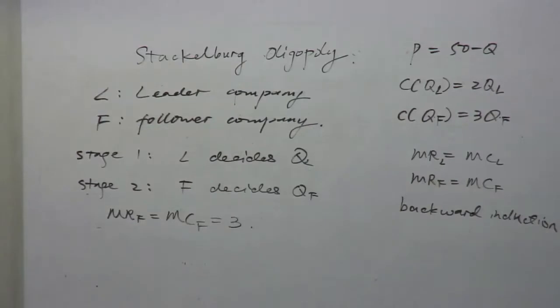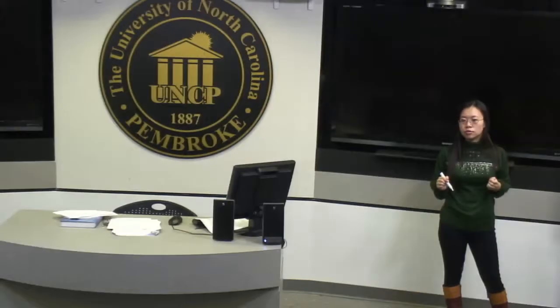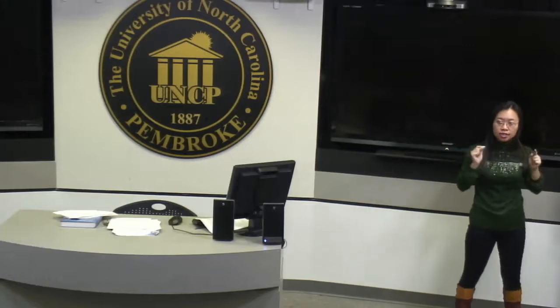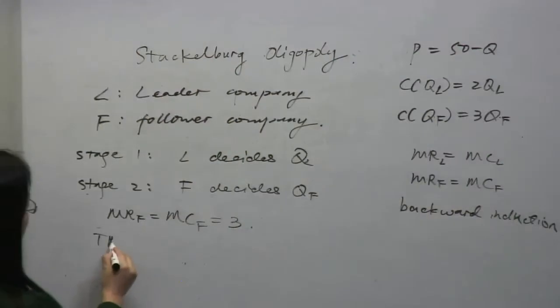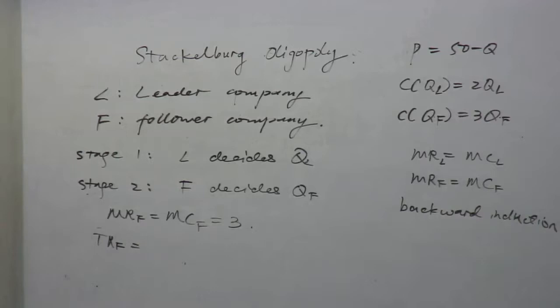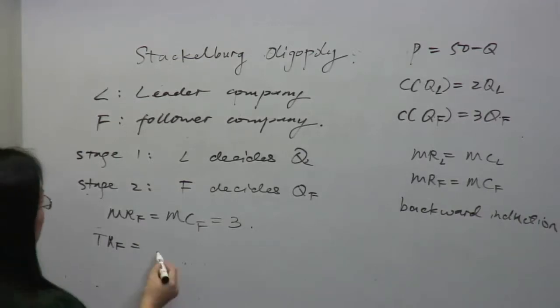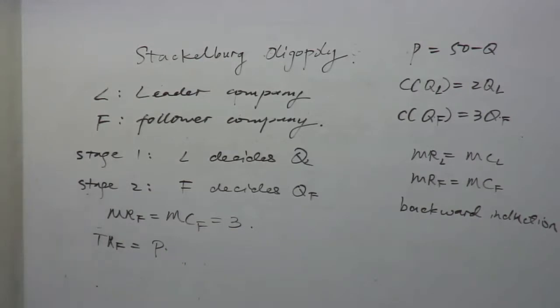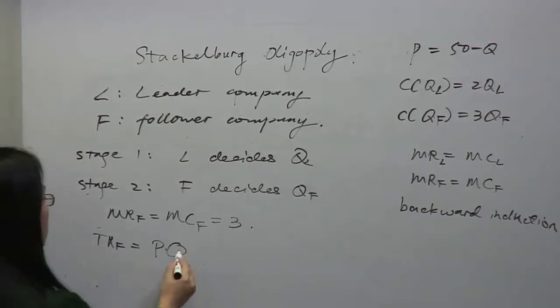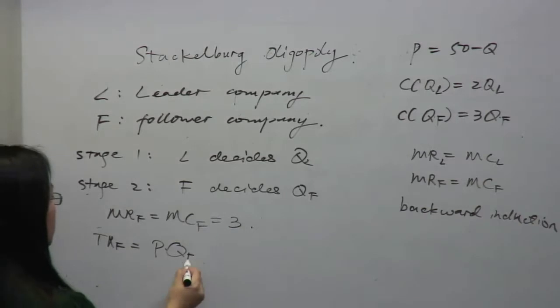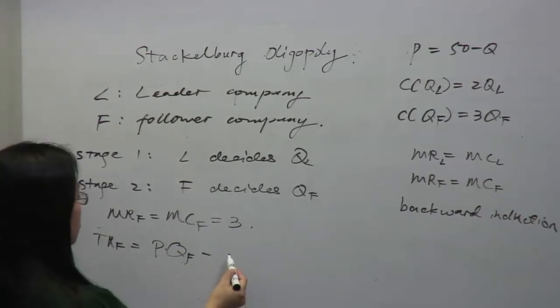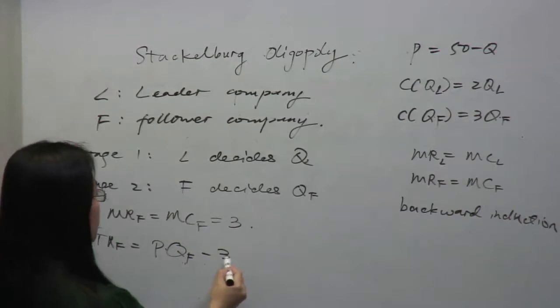How do we do that? Same way, exact same way. It's total revenue for the follower, which is equal to P times Q. We've been doing this many times. It's 50 minus Q times Q, which is QF, minus 3QF.